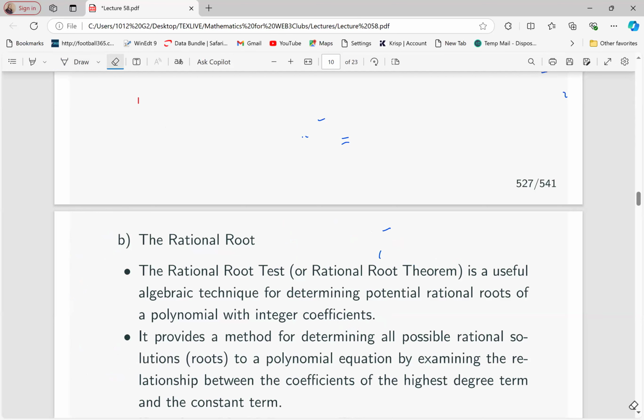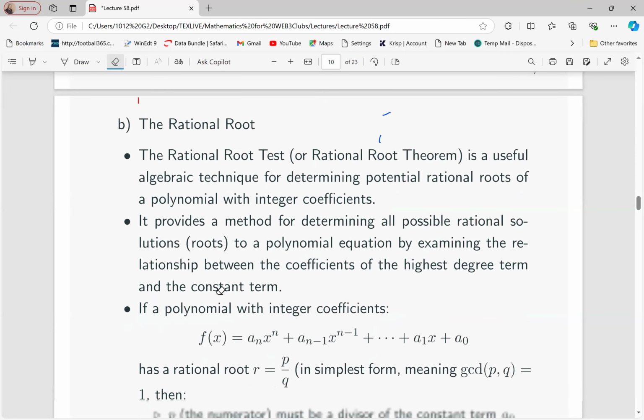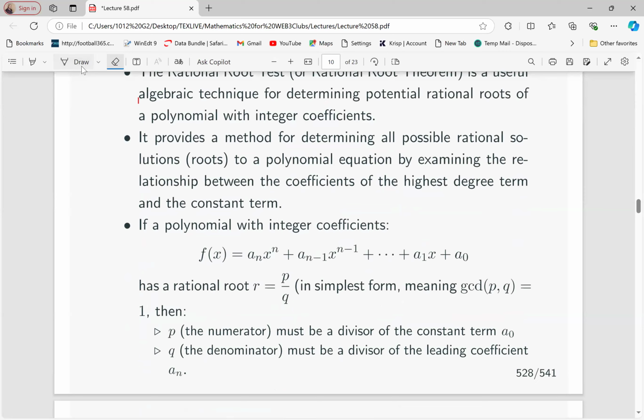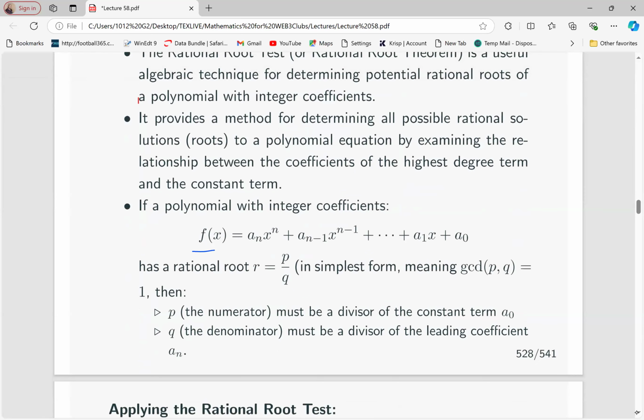Supposing this is the polynomial, how do you apply the rational root test? We say that this polynomial has a rational root p out of q if the conditions hold, where the only common factor is 1.